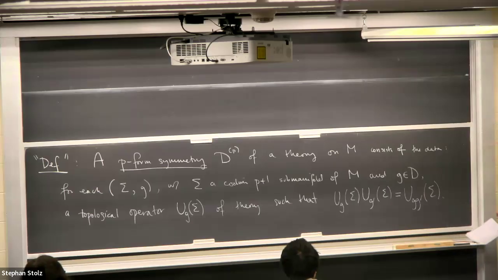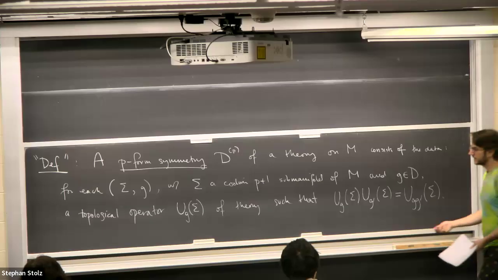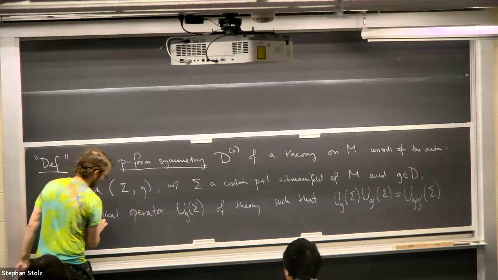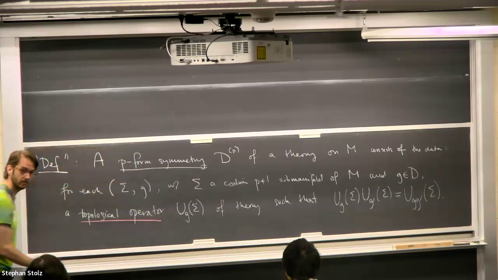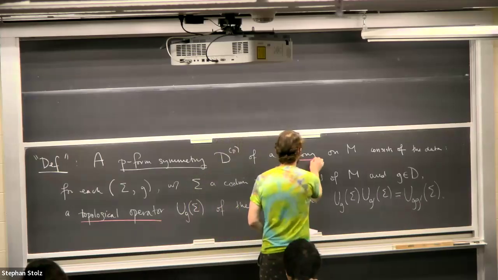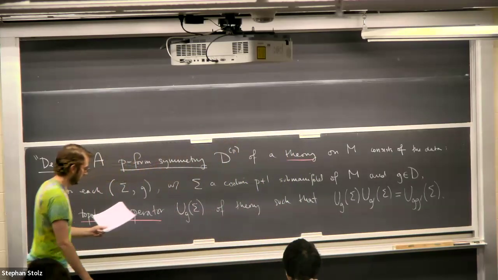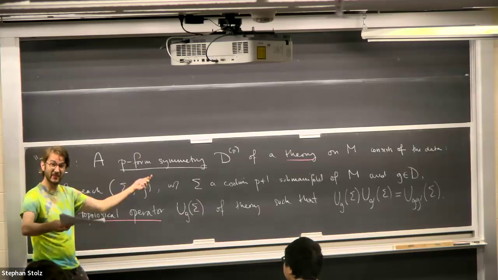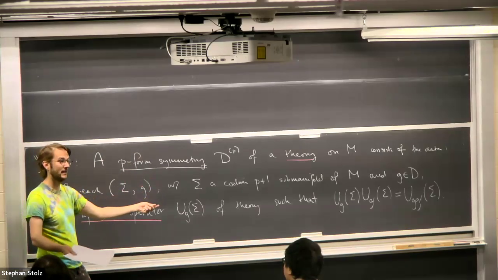The issue is, you need to, among other things, figure out what they mean by topological operator. This is left in some sense a little bit vague. And the way you multiply things if you have different submanifolds isn't specified in detail.